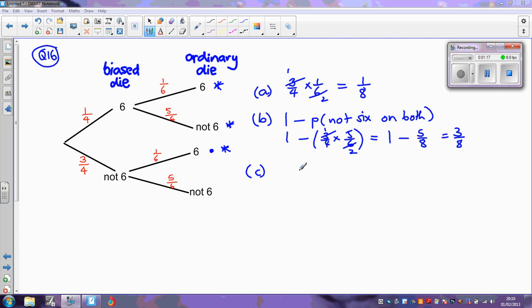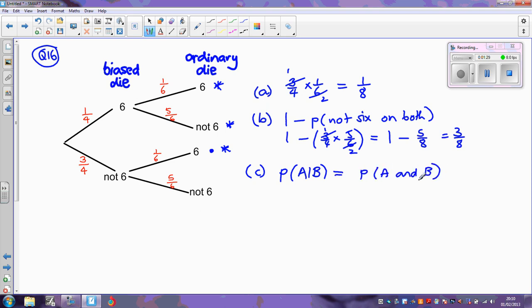Now for the last part here, I'm going to use my identity, which is that the probability of A, given that B has happened, is always equal to the probability of A and B both happening divided by the probability of just B happening. In other words, in this case, and you have to look at the wording here, the question says, what's the probability that you have exactly one 6 given that at least one of the dice is a 6?